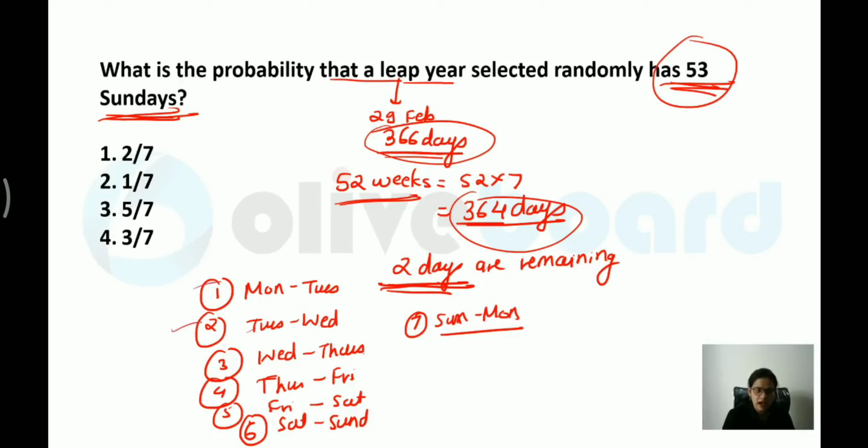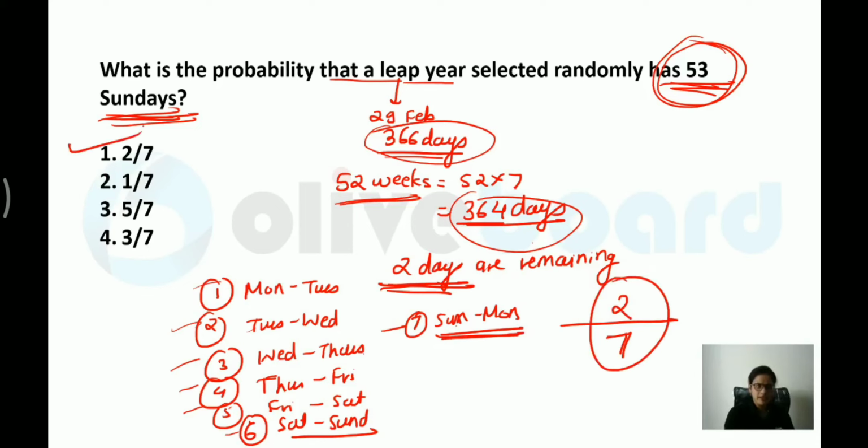How many total outcomes are possible? 7 outcomes are possible. Out of them, which are my favorable ones? I want 53 Sundays, which means Sunday should be in the combination. Either Saturday, Sunday or Sunday, Monday. So 2 by 7 would be the required probability.